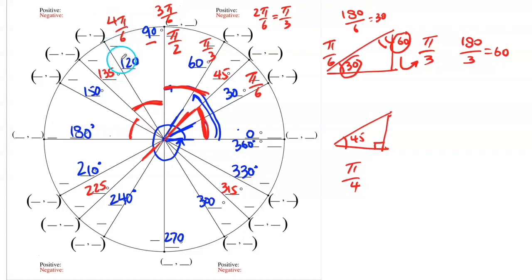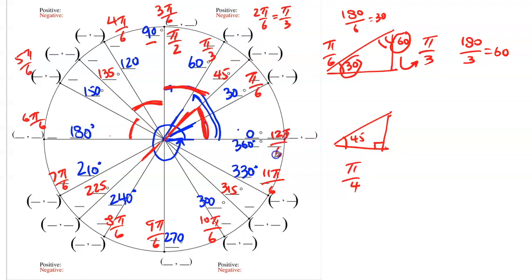We'll come back to simplify this. 5 pi over 6, 6 pi over 6, 7 pi over 6, 8 pi over 6, 9 pi over 6, 10 pi over 6, 11 pi over 6, and 12 pi over 6.